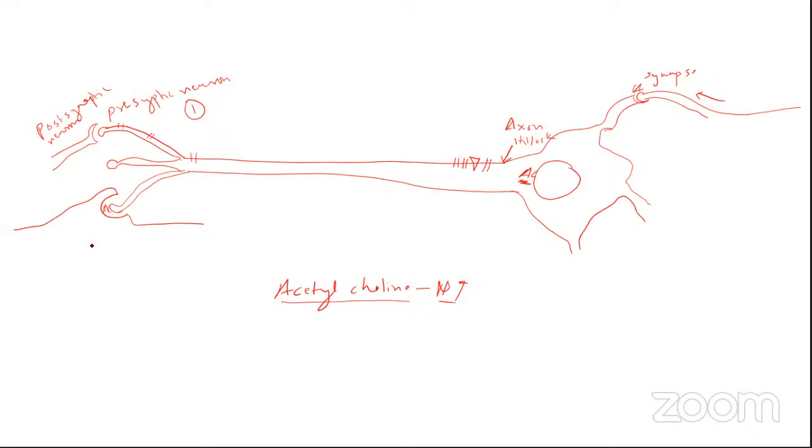Yes, sir. Okay. So we are getting to what is happening inside the muscle cell, right? Now suppose acetylcholine binds to its receptor and somehow it is responsible for opening up of what?